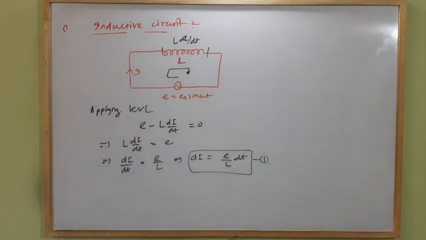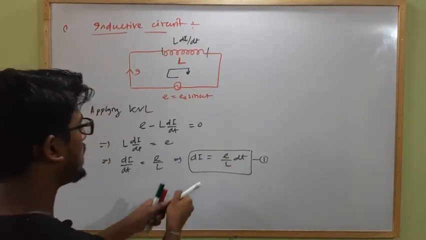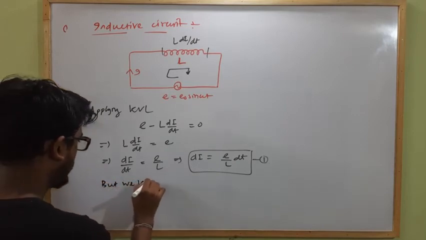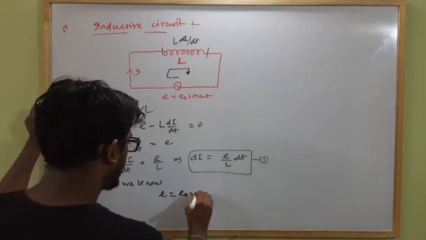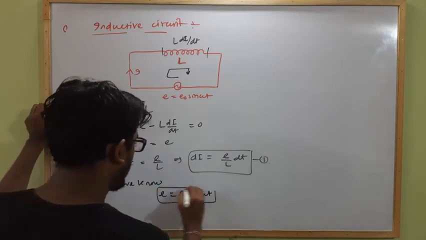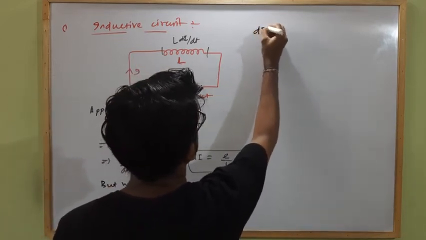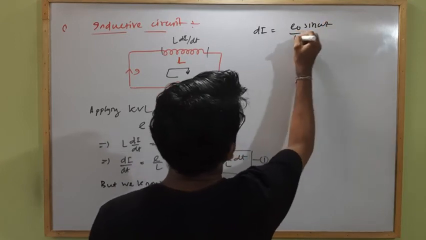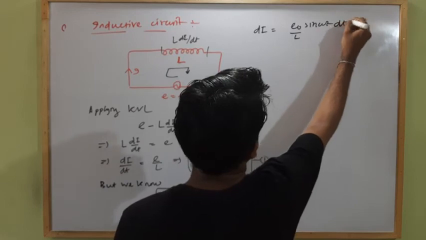Clear? Okay, so what is di? di equals E by L into dt. But we know E equals E naught sin omega t, equation 2. So using 2 in 1 we will get di equal to E naught sin omega t by L into dt.